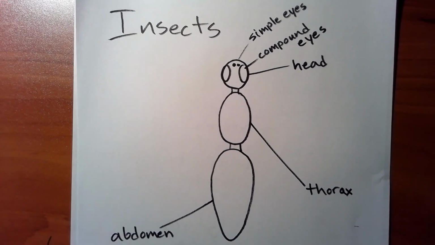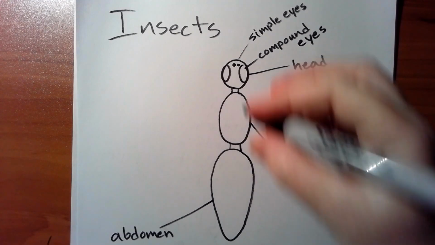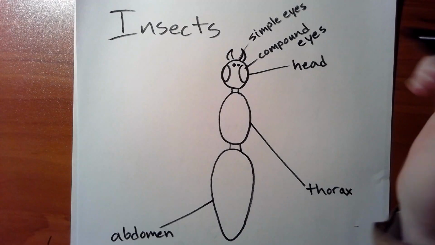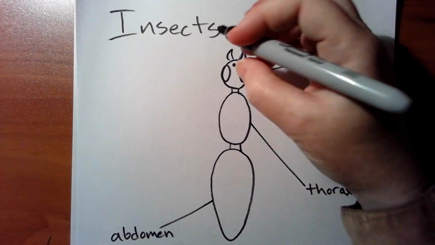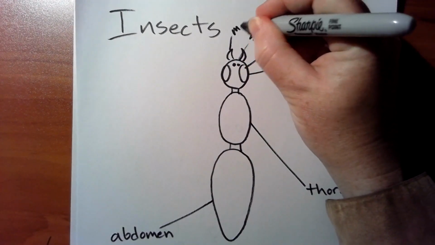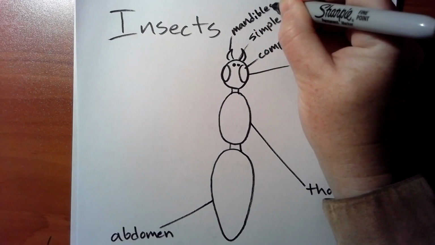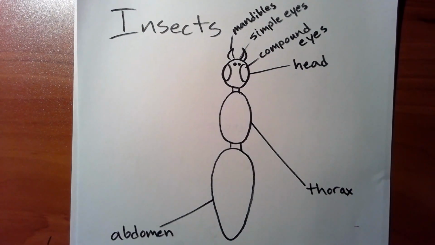Alright, a lot of insects do have mouth parts. We're going to go with kind of more the pincer mouth parts called mandibles. Okay. To pick up pheromones that are being released by plants or other insects, especially at mating time.